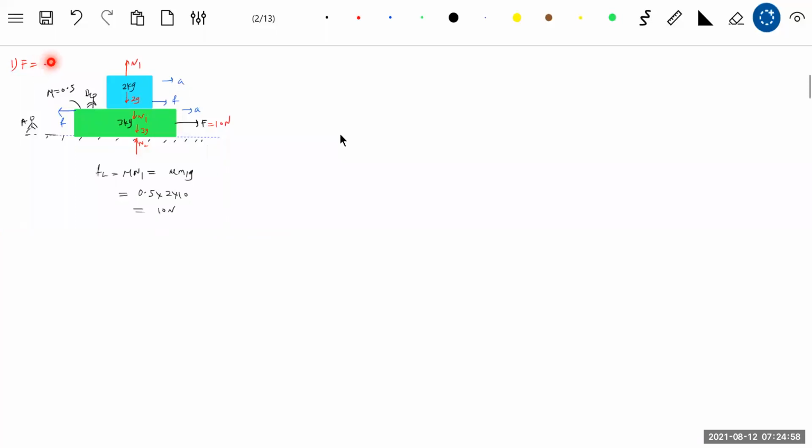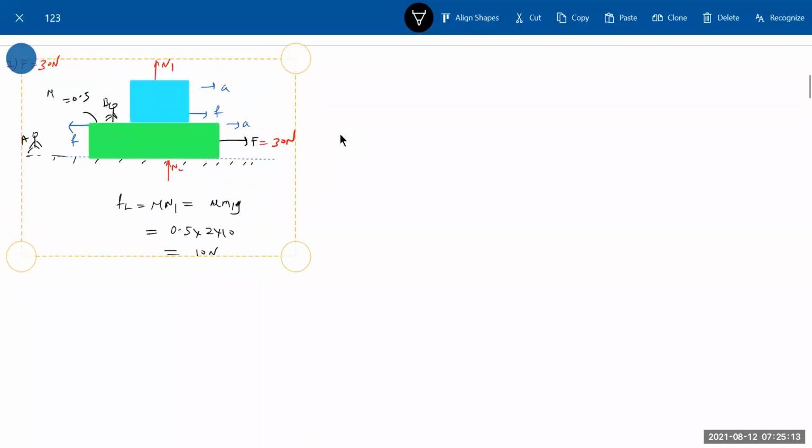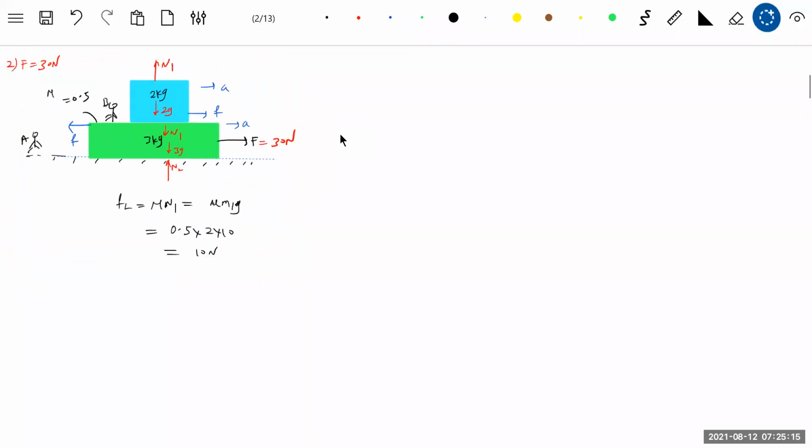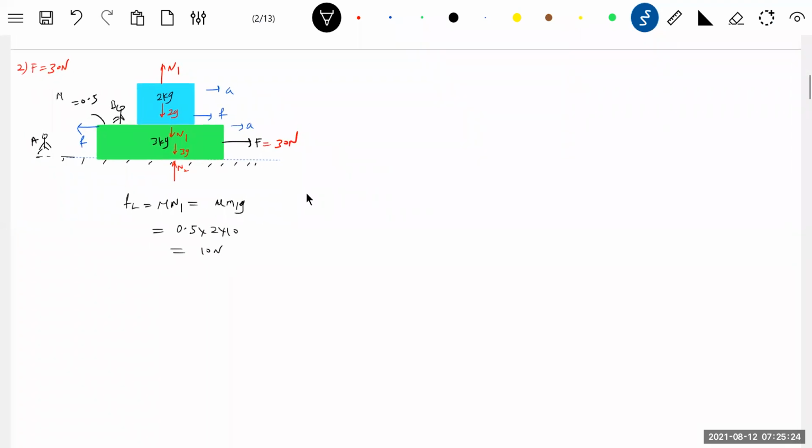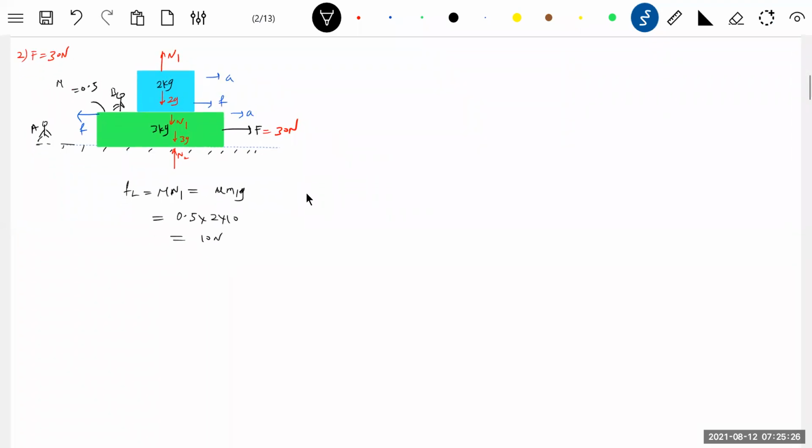Now this will be F equal to 30 Newton. We are discussing case 2. What actually happens here? We are not sure whether slipping occurs or not. So let's carry on. Let's not use the formula, because we know the method to find whether slipping occurs or not. We'll use that particular method.